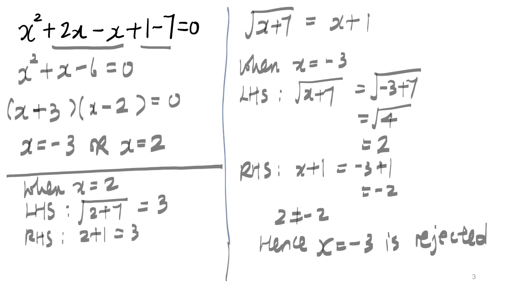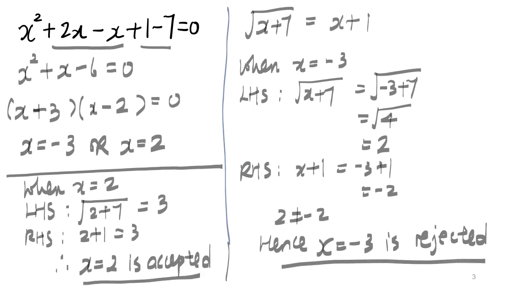Yes, so since 3 equals 3, therefore x equals 2 is accepted. Alright, so this is how you need to check if both answers satisfy the equation, and then reject the one that does not satisfy the equation, and accept the one that does.